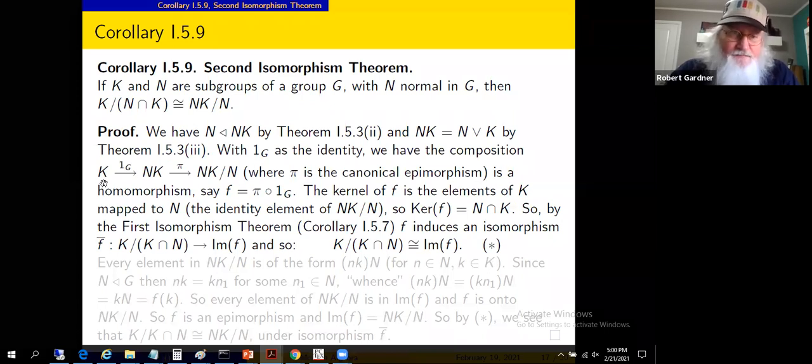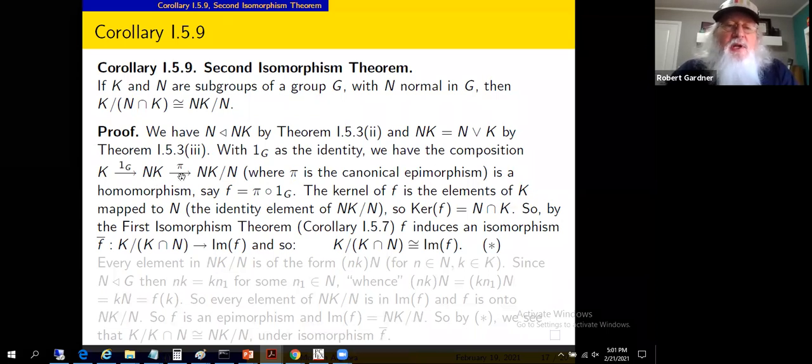We're taking set K with the identity mapping, mapping it to set NK. Well, now everything in K is in set NK, but we're doing this kind of embedding so we can use a particular kind of canonical epimorphism. So take K, embed it in NK, there's a bunch of stuff in N times K, certainly K itself, all those elements are in subgroup NK.